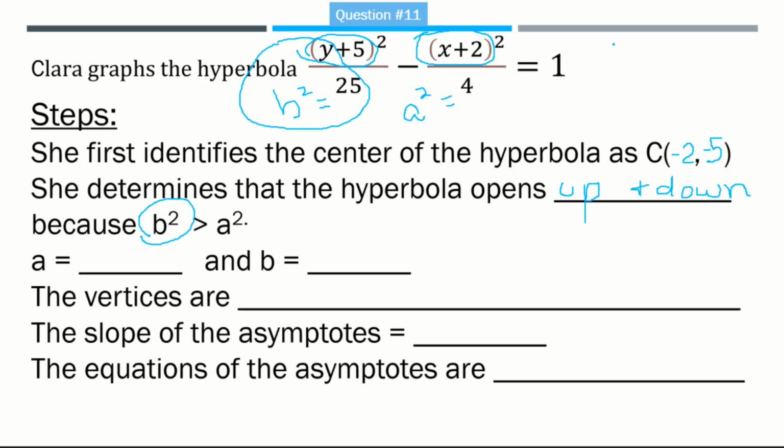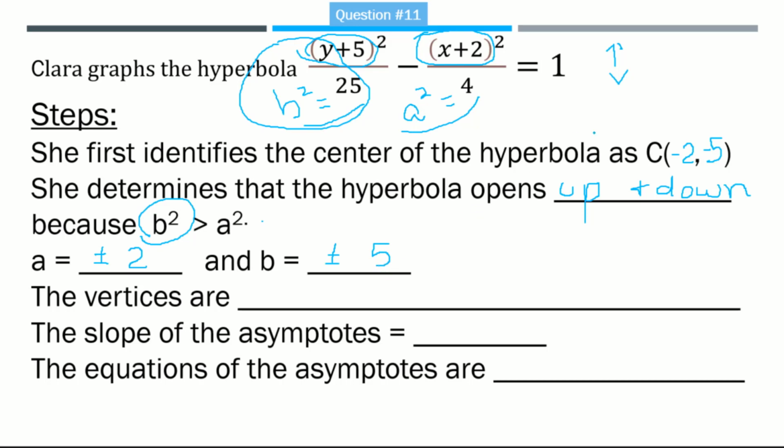So it's going to run in the direction that the y-axis runs, up and down. All right, now we have a squared is equal to 4, so a is equal to plus or minus 2. And b squared is equal to 25, so take the square root of 25 and you'll find b is equal to positive or negative 5.